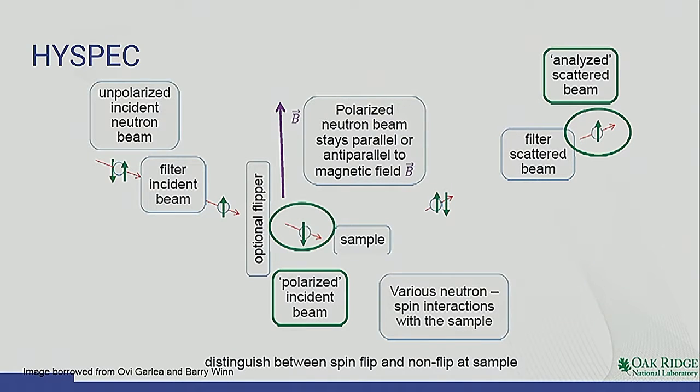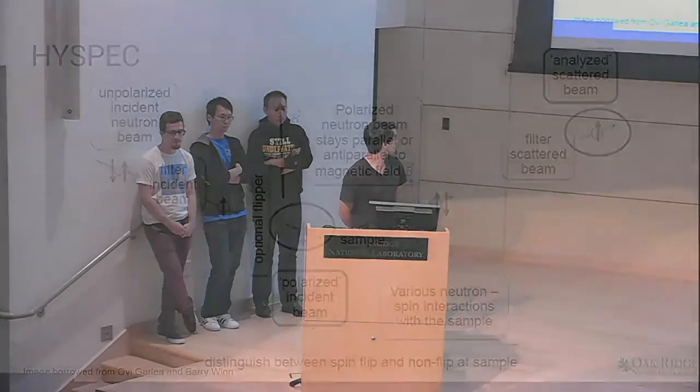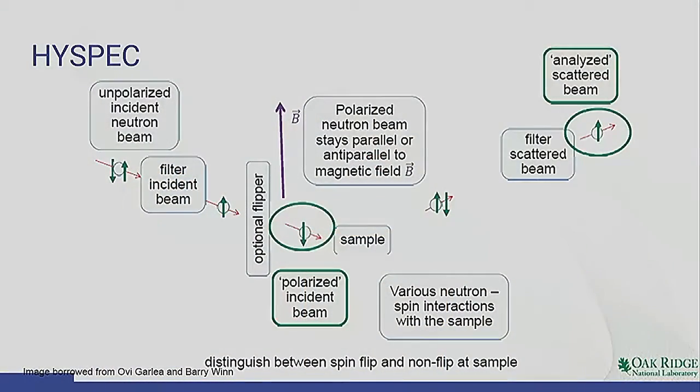So here you see a diagram with the various components of HighSpec. So we have an unpolarized incident beam of neutrons, which hits a Fermi chopper, which sets the incident energy and provides energy resolution, which is about 2 to 20% from the online website. After that, it hits a monochromator, a Heusler crystal, which only Bragg reflects spin-down neutrons.